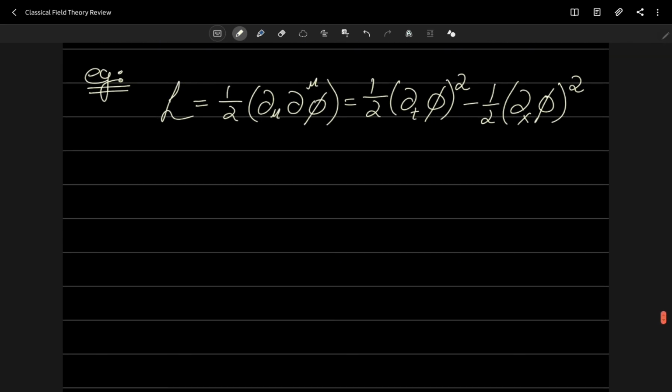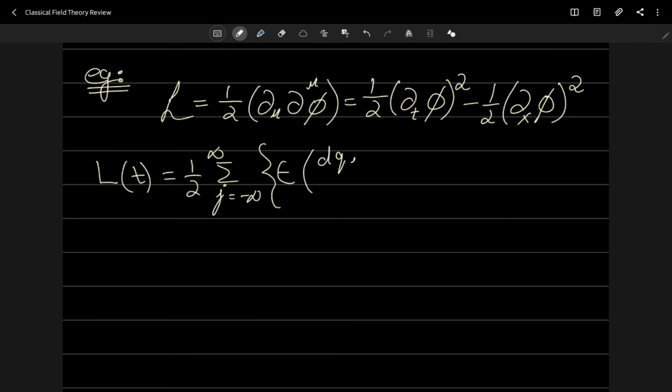Now once you do that, what you will get is L(t) equal to 1/2 summation j from minus infinity to infinity of epsilon times (dq_j/dt) squared minus (q_{j+1} minus q_j) over epsilon, squared.